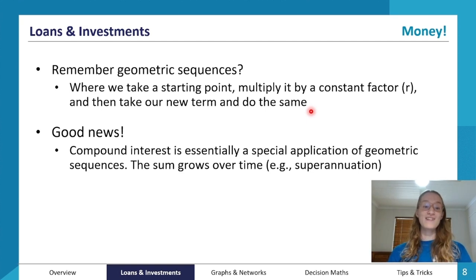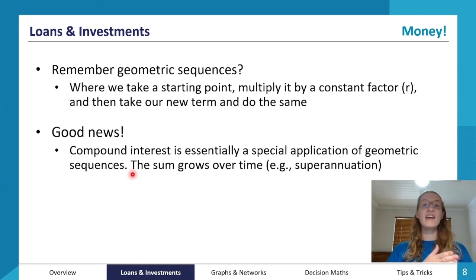And the good news that I have for you today is that compound interest is essentially a special application of geometric sequences. So we're actually doing quite a similar thing if you think about it conceptually, because we're taking a starting point, which would be the amount of money in the investment or the loan, and then we're multiplying it by a constant factor, which is the amount of interest being paid or owed, depending on whether it's a loan or an investment.